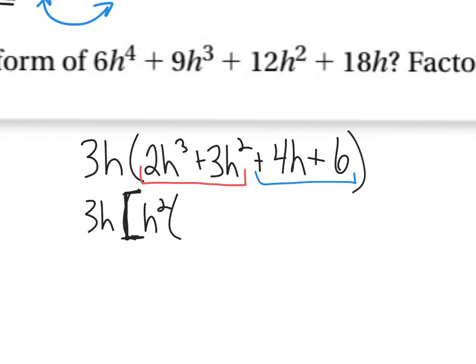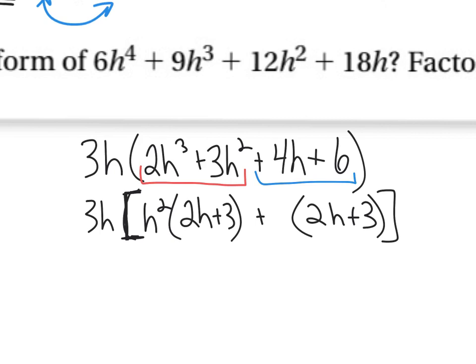If we do that, that'll leave us with 2h plus 3. So for this to work, this has to also be a 2h plus 3. It does work if we put a 2 in front of that. If you distribute, that would give us the 4h plus 6 that we need.